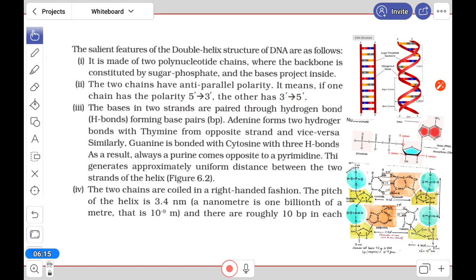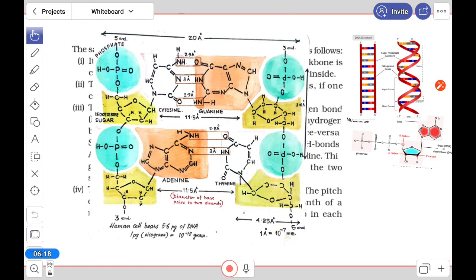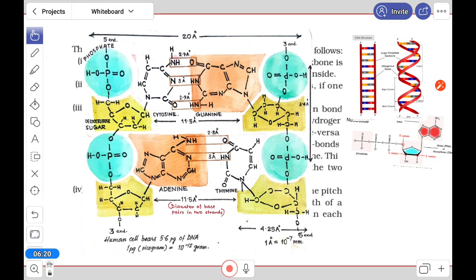Let's see this part here. Look at this diagram carefully. Here it is shown upside down. This is the sugar and this is the phosphate. If we take a look at the structure, the phosphate here is joined to the 5th carbon, so this is called the 5' end.